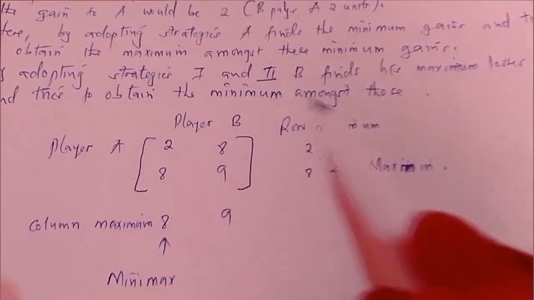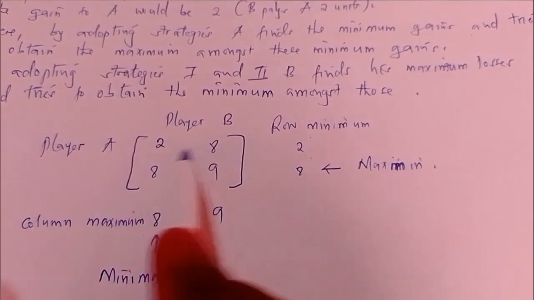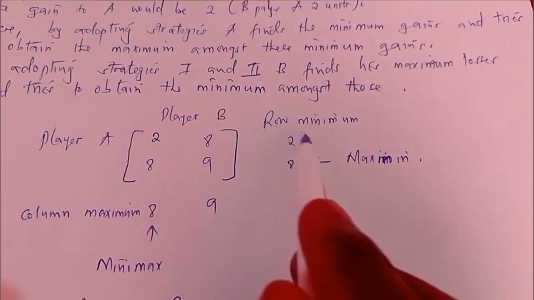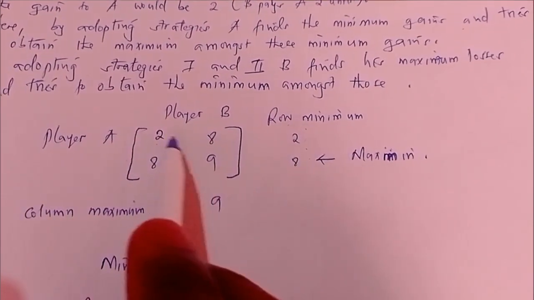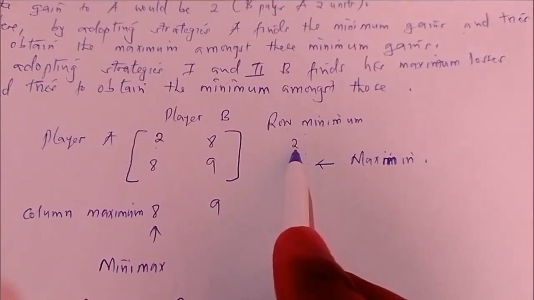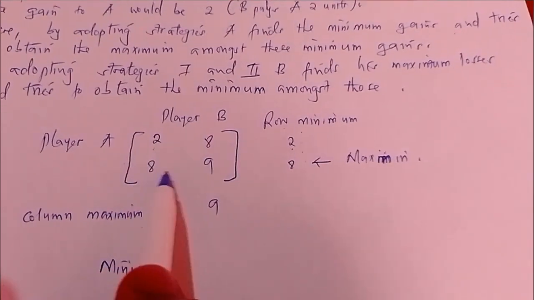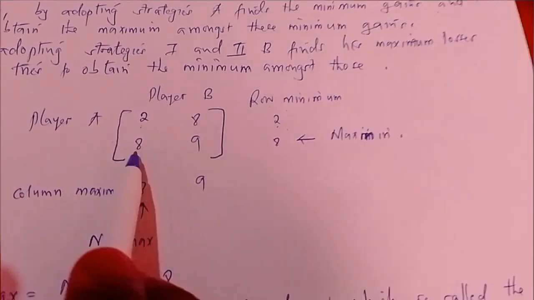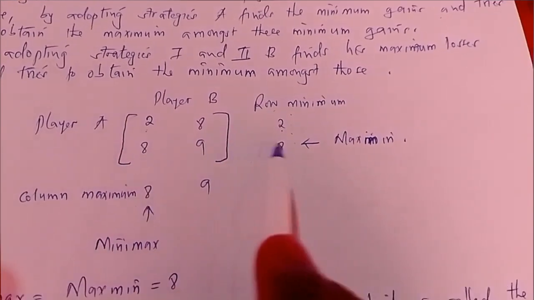So let's start with the row minimum. This row contains elements 2 and 8. The minimum element on this row is 2. Then under this lower row, the minimum element between 8 and 9 is 8, of course.